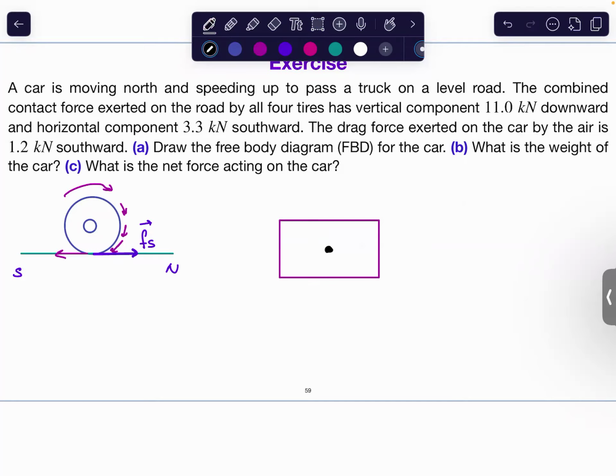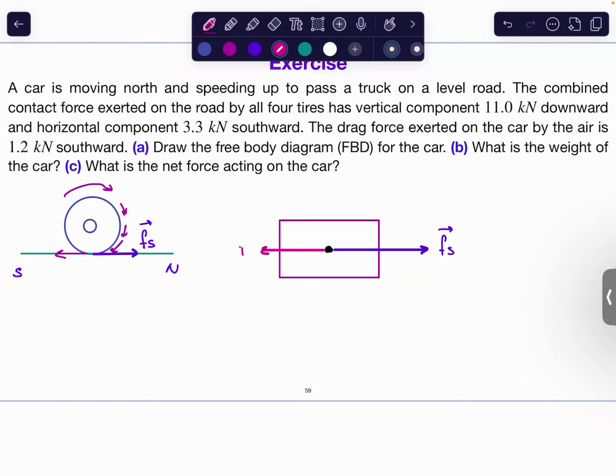And so what's going to happen is we are going to get a static friction force going that way. We are going to get a drag force going that way.